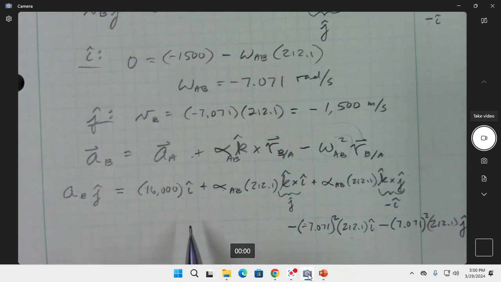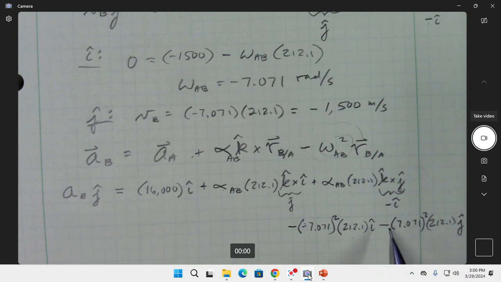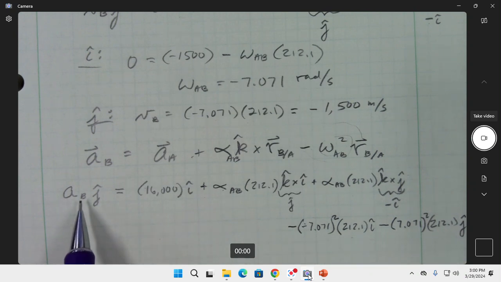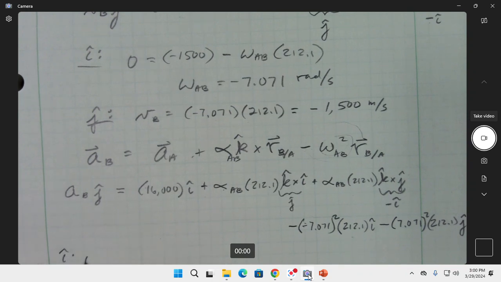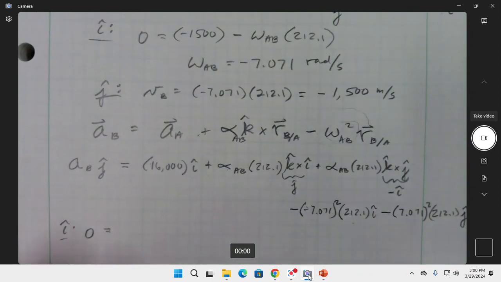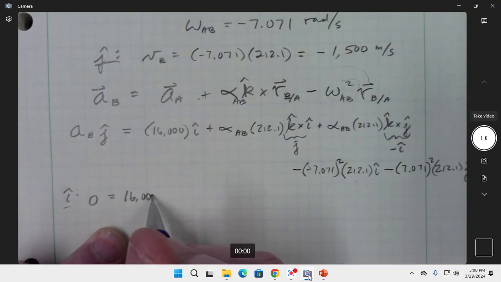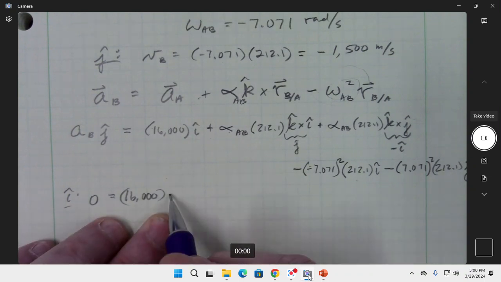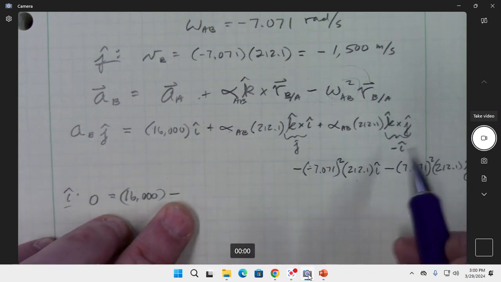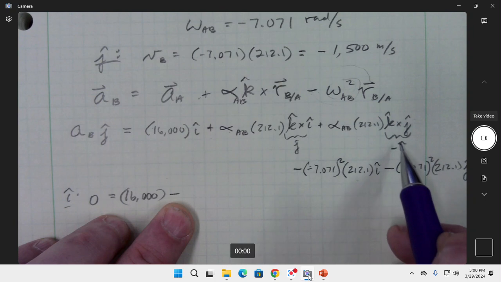So if you collect the, there could be a strategy. I think once again, just do the I's, because we leave out one of the unknowns, and we're going to be able to isolate the alpha. So if you do the I's, you have 0 equals 16,000 plus, no, let's make it minus, because you have your minus from there.